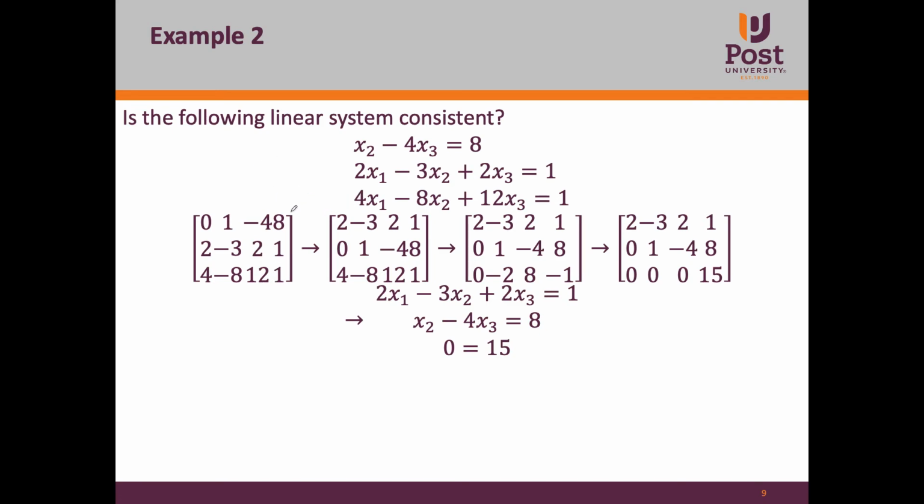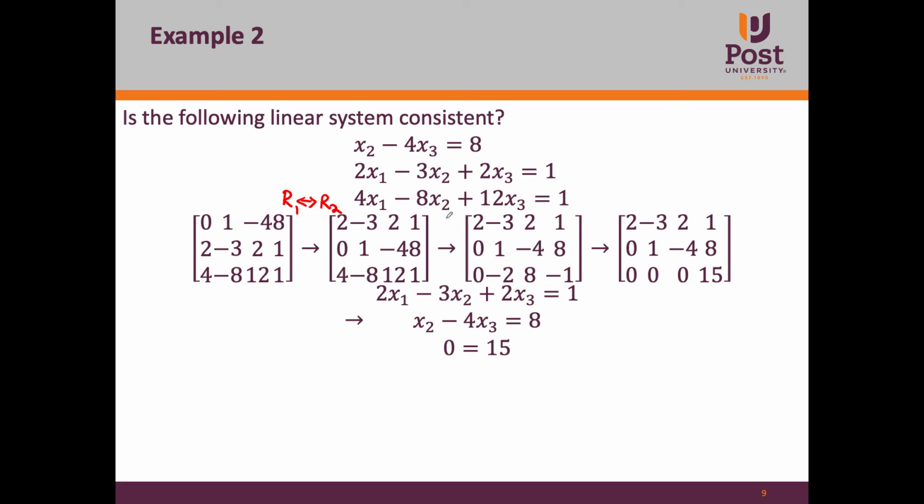Now in this instance, we're first going to take these two rows, row 1 and row 2, and interchange them. Doing so is going to produce this matrix: 2, negative 3, 2, 1, 0, 1, negative 4, 8, 4, negative 8, 12, 1.